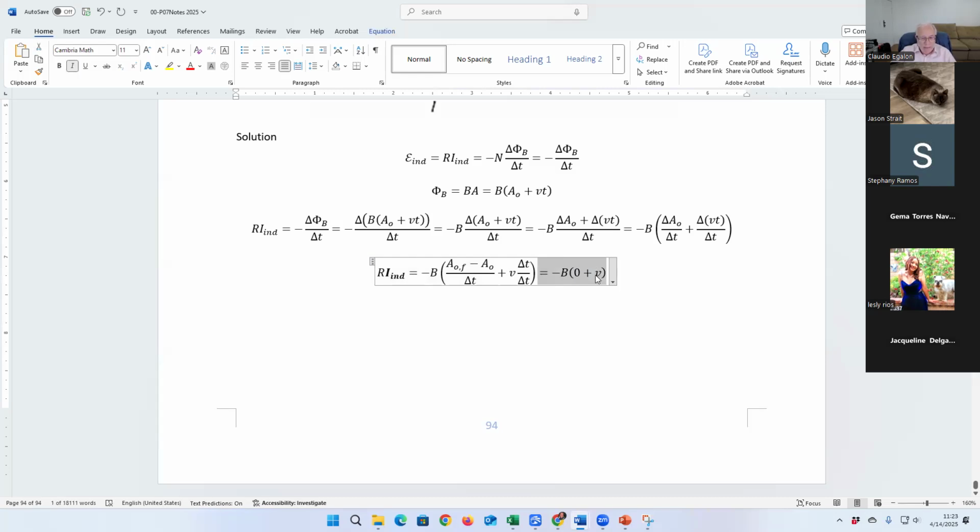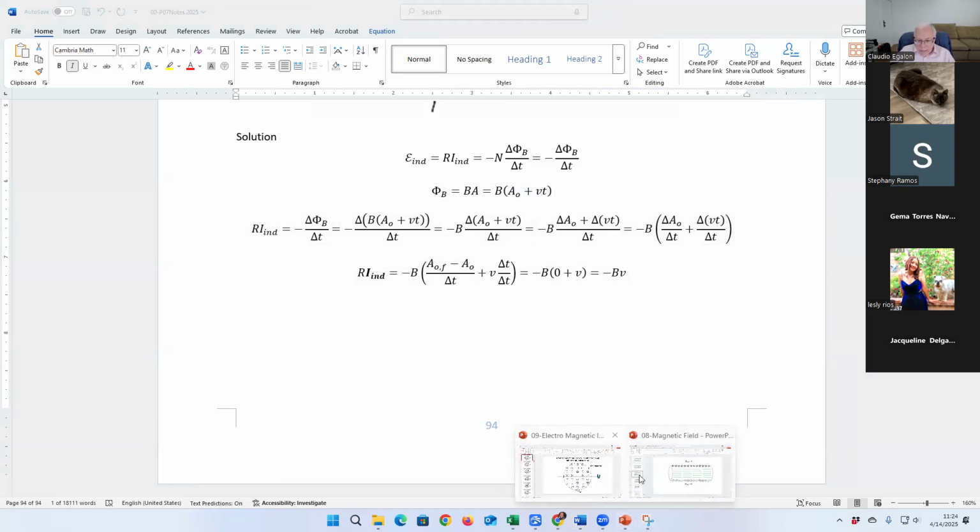And we finally get something like that, BV. Am I forgetting something here? Oh yeah, I'm forgetting something here. Initial area minus... okay, there's something.